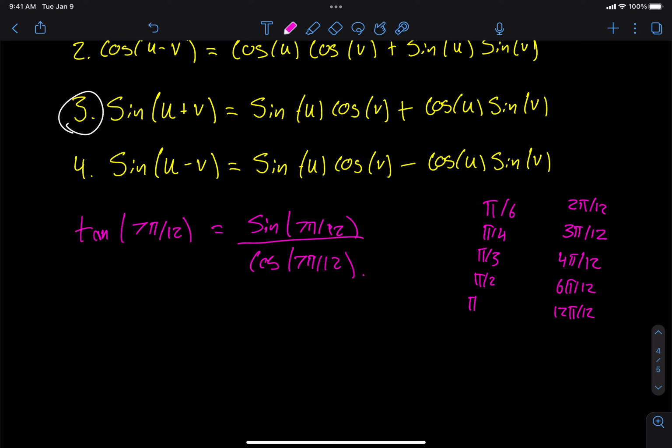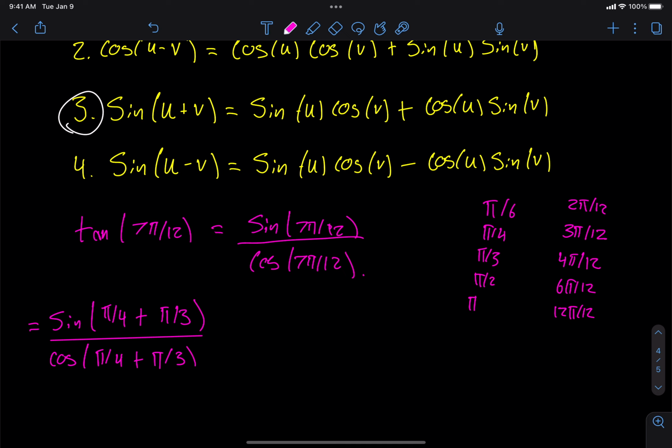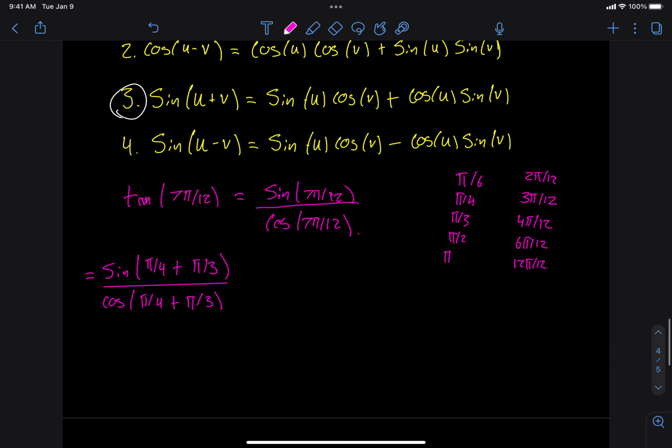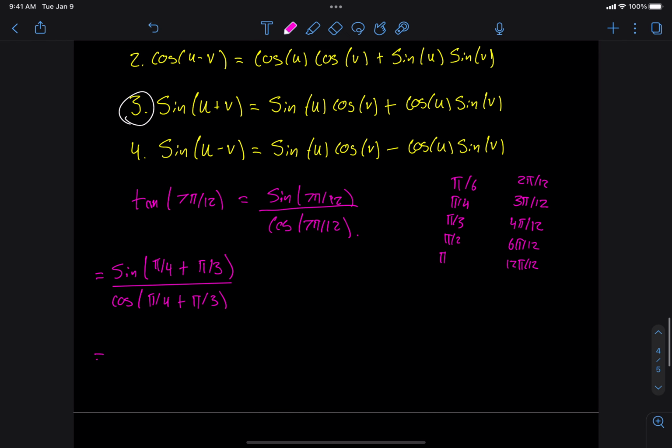So in this case, I'm going to rewrite this as sine of 3 pi over 12, which is pi over 4, plus 4 pi over 12, which is pi over 3. And I'll divide that by cosine of the same thing. Okay, and now I'm going to rewrite this using the sum and difference formula.